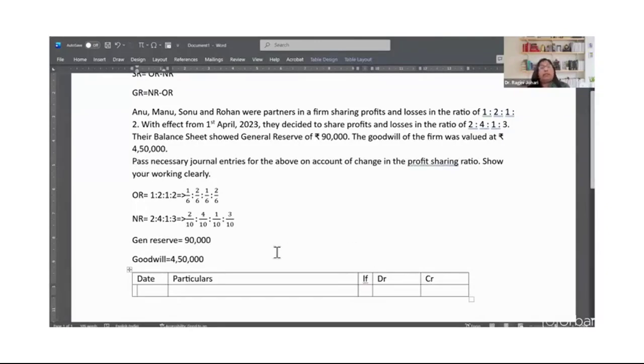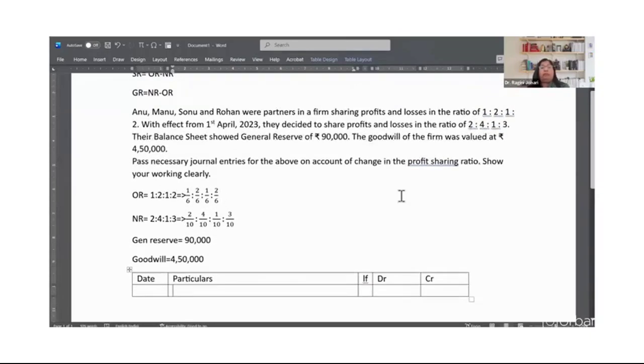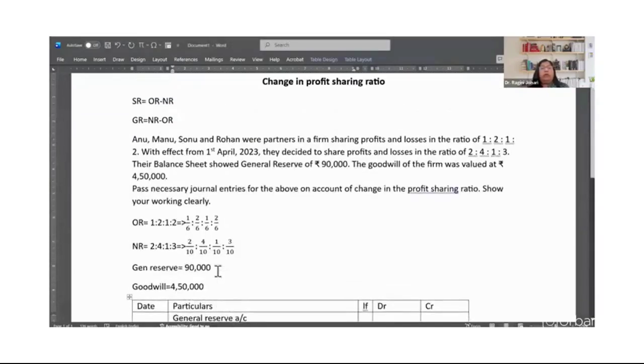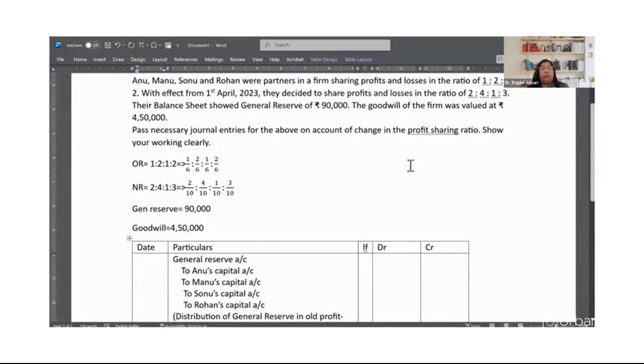So, first things first, as I said, the general reserve can be done easily because we have the old ratio here. So we can distribute the general reserve in their old ratio. So the entry would be, since the date is given in the question, we are going to put the date also.